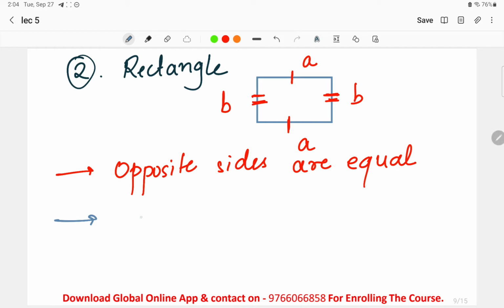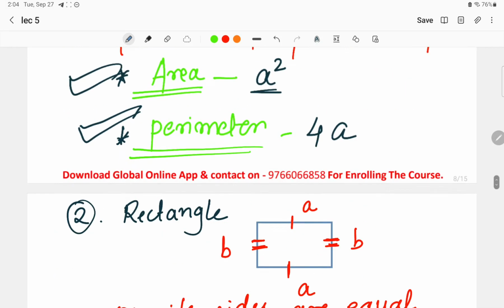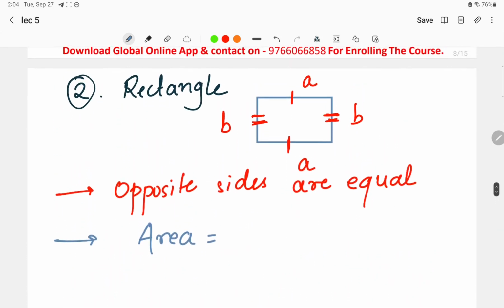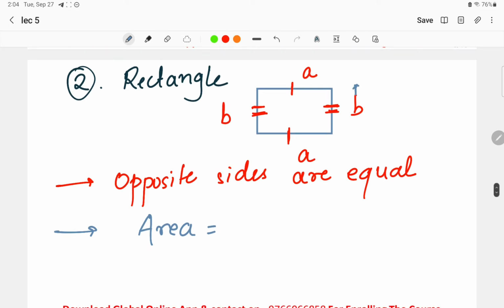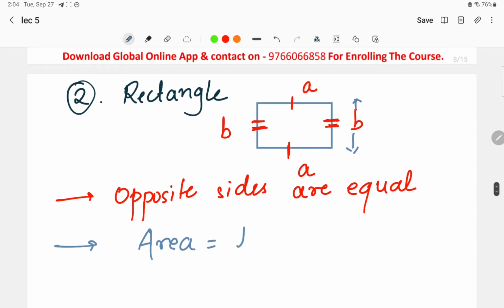Now the second thing that we have to keep in mind regarding the rectangle is the area. To find the area, for example, these two sides are A and B of the rectangle. For example, if we consider this as length and breadth, this is B and this is A. So area is nothing but length into breadth.